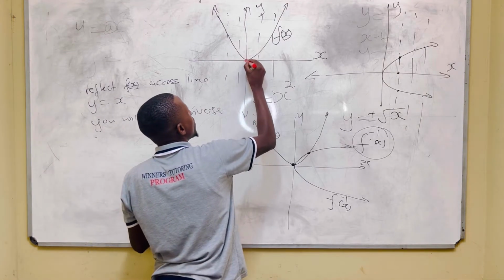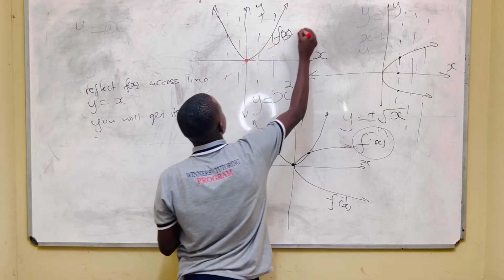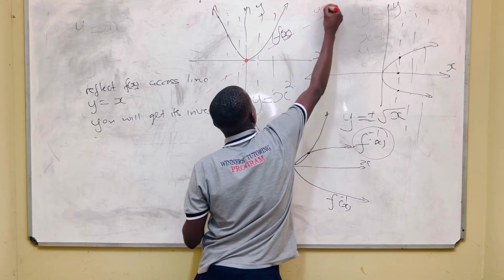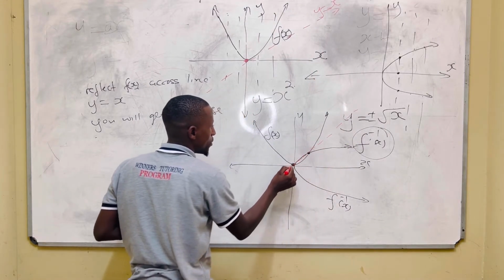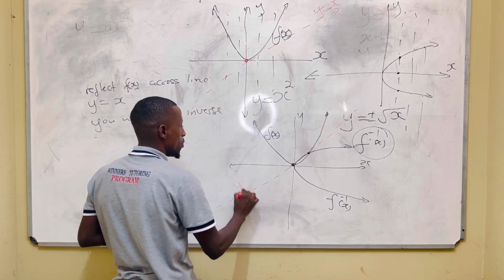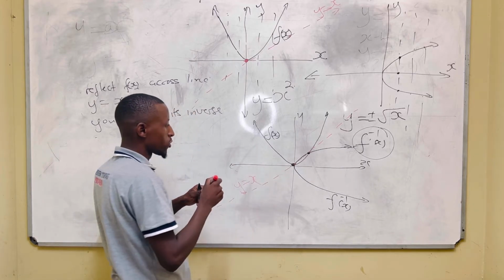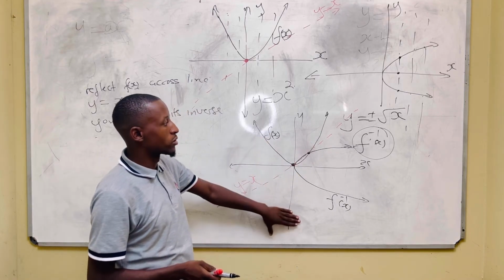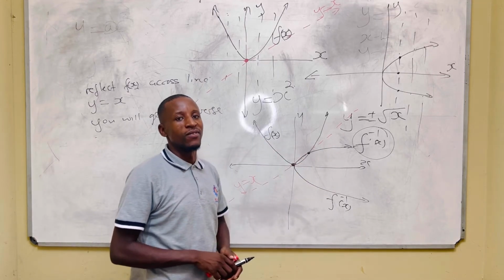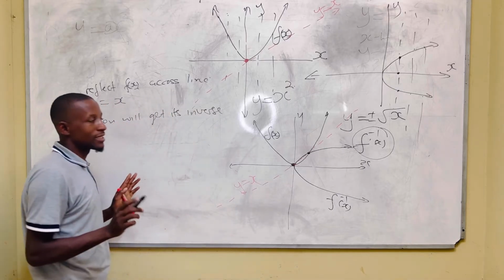Remember, the line y equals x goes in this way. This is the line y equals x. So if you reflect the original graph across the line y equals x, you're going to get the inverse. So you must clearly understand the question.